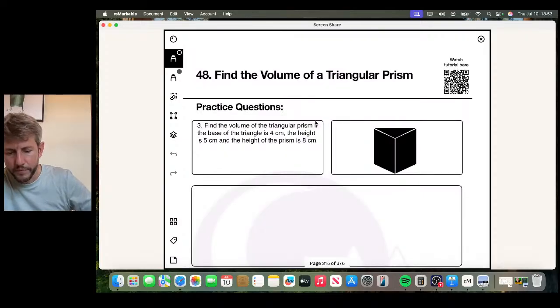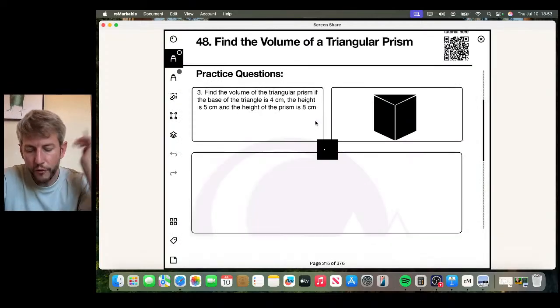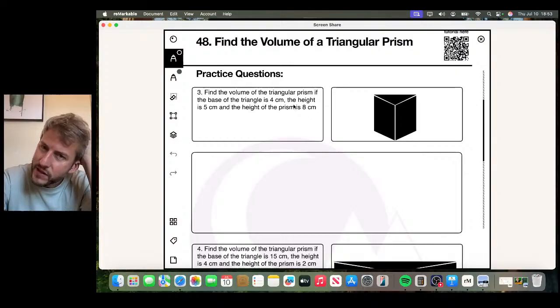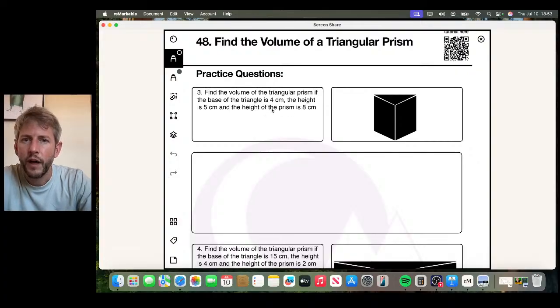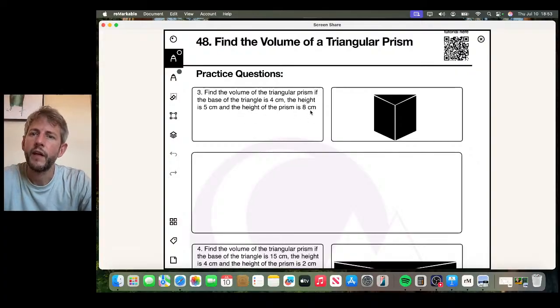Next one. Okay, find the volume of a triangular prism if the base of the triangle is 4 centimeters, the height is 5 centimeters, and the height of the prism, okay. Yeah, that's fine.